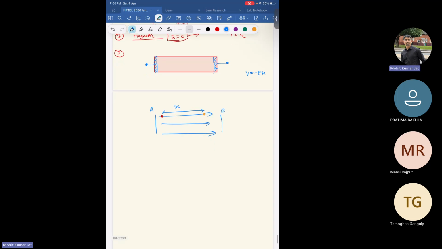Let me just write it as VA and VB for these 2 points, yellow as VB and red as VA. So delta V will be nothing but minus E times X, electric field times X, right? That's what we know. VB minus VA will be nothing but minus EX, or I can write VA minus VB is equal to EX.